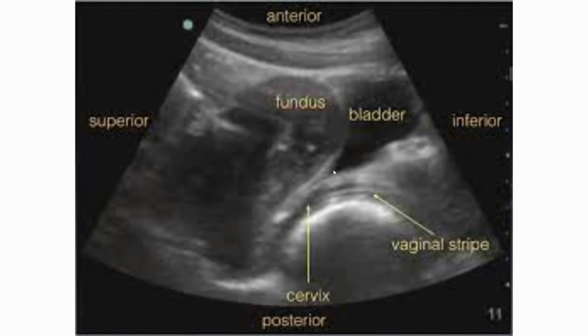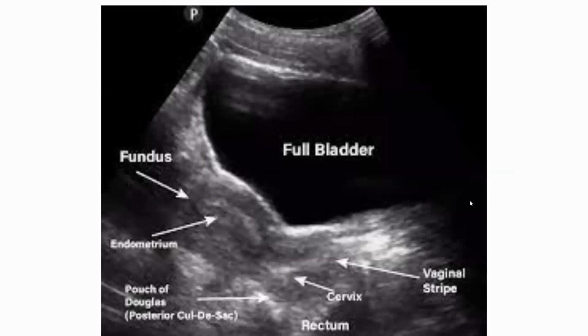You see the bladder and the fundus of the uterus with this endometrial stripe going into the cervix, into this 90-degree turn into the vaginal stripe. Here's a bit clearer image of that. Again, you can see with a full bladder how much clearer that resolution is. And just back here is that pouch of Douglas.